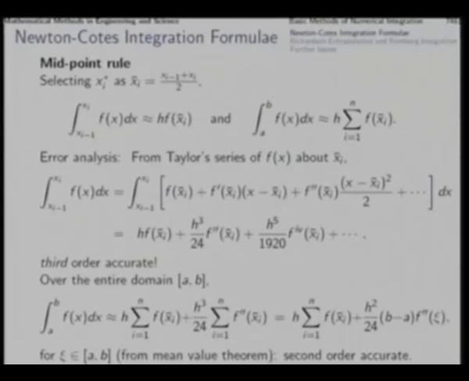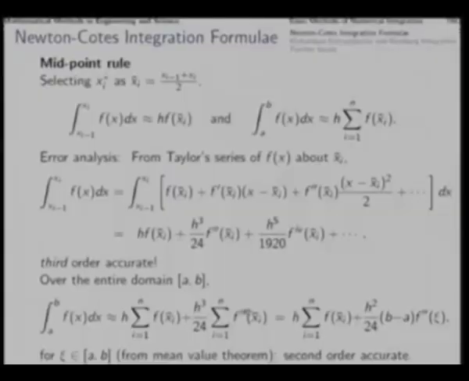Now, if the second derivative is varying, somewhere it is small, somewhere it is large, and so on. Then from the mean value theorem, you will find that there will be some value of x between a and b, where the second derivative value is the average over the complete interval.